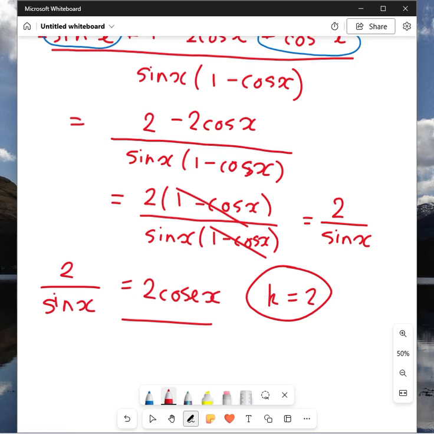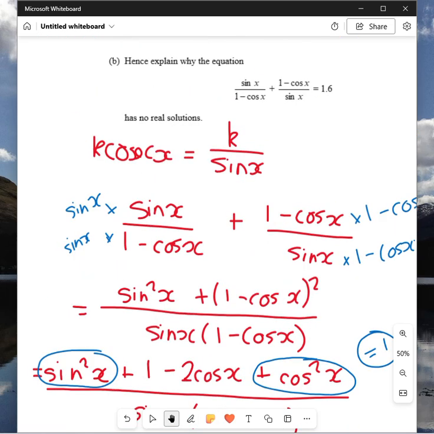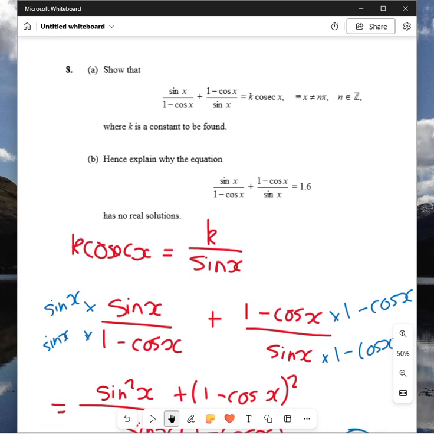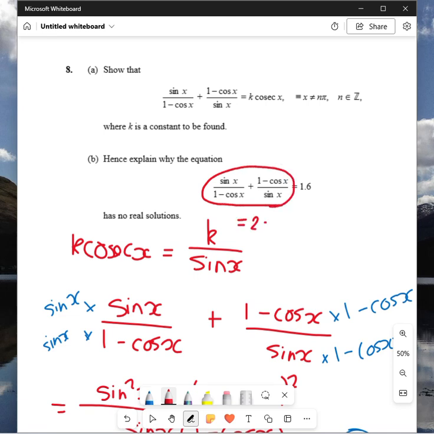Now the second part of the question. It says hence, meaning use the thing we just worked out, to explain why that has no real solutions. Remember that this whole thing here is the same thing as 2 cosec x.